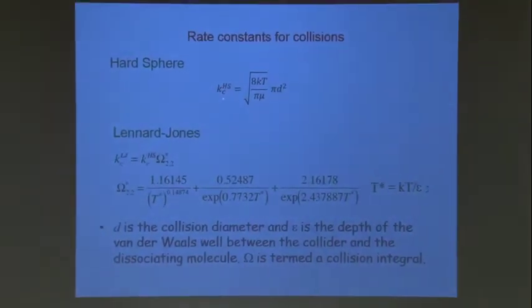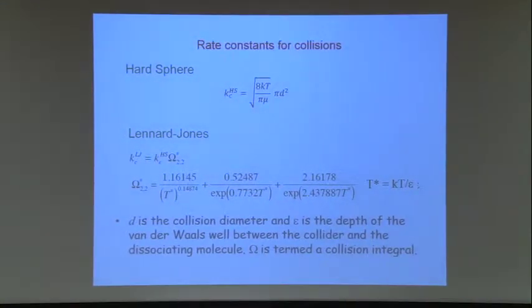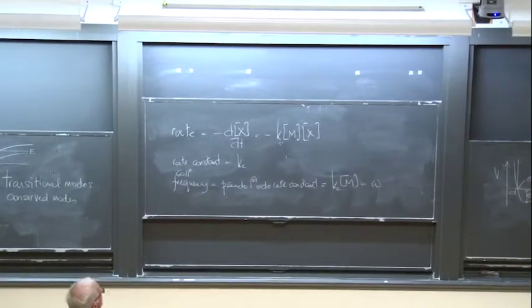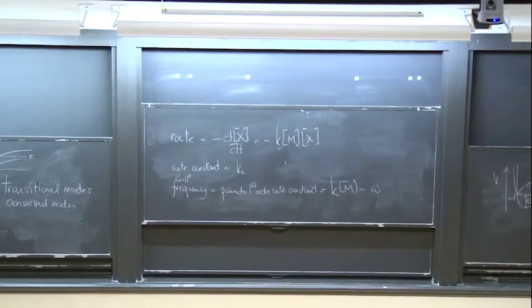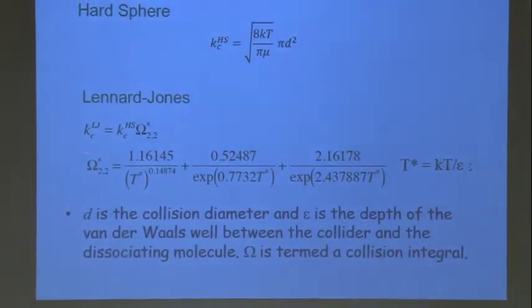Okay, so here's the hard sphere collision. We're looking for the Kc's that go into that collision frequency, this Kc here and here. And this is the Lennard-Jones rate constant for collision.